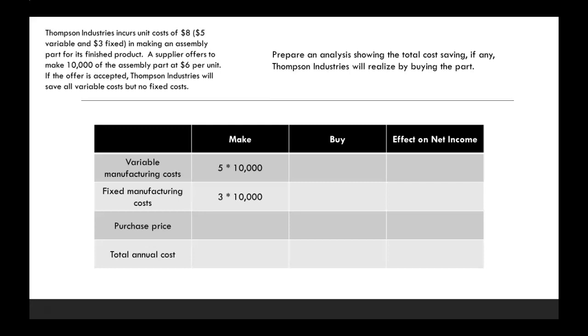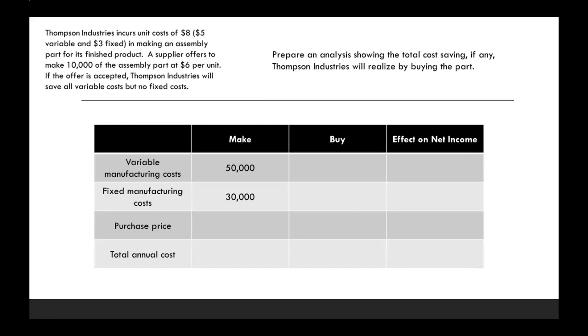Well, we have $5 of variable costs per unit and $3 of fixed. So 5 times the 10,000 units and 3 times the 10,000 units give us our variable and fixed manufacturing costs. Now, purchase price.